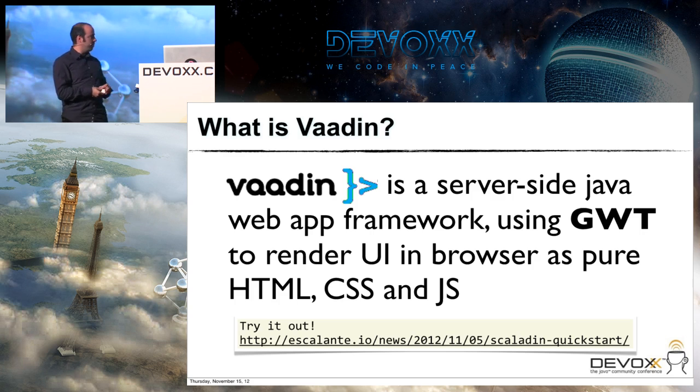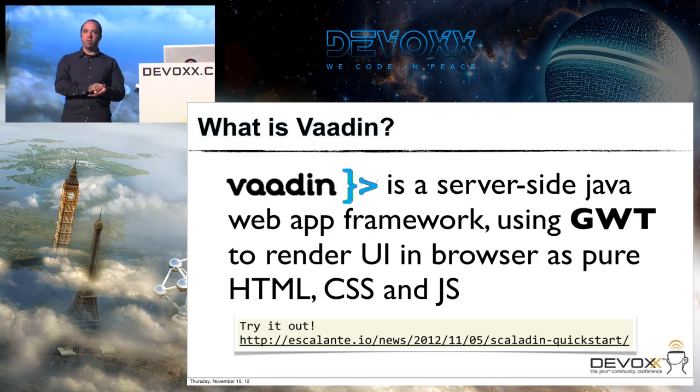But to give you a brief overview, essentially what Vaadin does is give you web applications whose UI has been generated using GWT. The cool thing about it is that neither at runtime nor on the client side do you have a GWT dependency. And it makes for very fancy looking web applications.